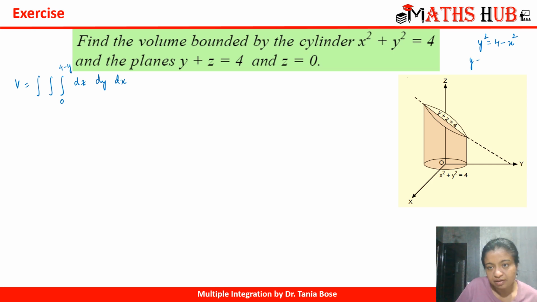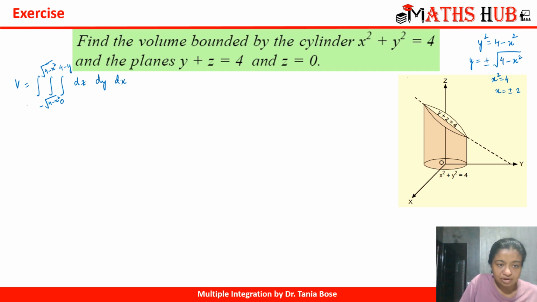So y would be plus minus under root 4 minus x square, right? So the limits of y will be from minus under root 4 minus x square to plus under root 4 minus x square. And once y is done, to calculate the limits of x, x square will be 4, so x is equal to plus minus 2, right? So x will go from minus 2 to 2.